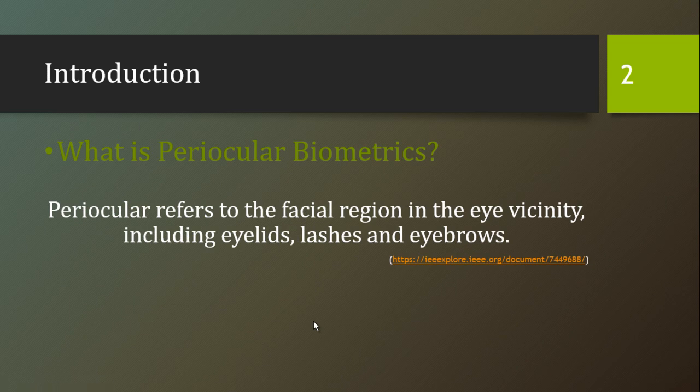Before delving into periocular biometrics in detail, one should know what periocular biometrics is. According to the IEEE definition, periocular refers to the facial region in the eye vicinity including eyelids, lashes and eyebrows. But after detailed and rigorous study, the periocular region is not confined to only this subset of facial features.